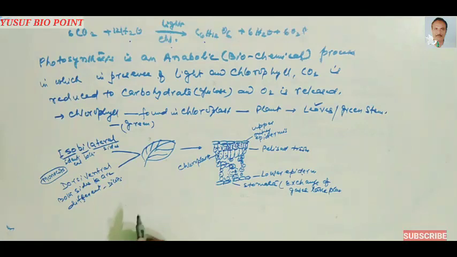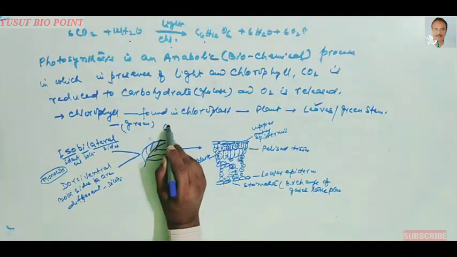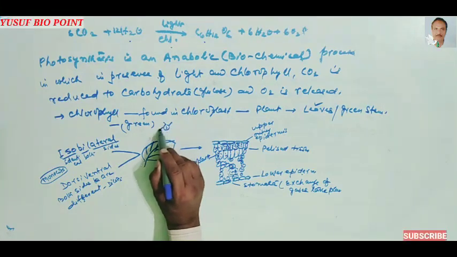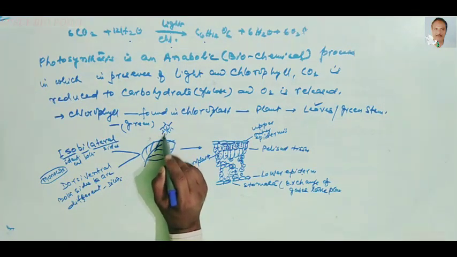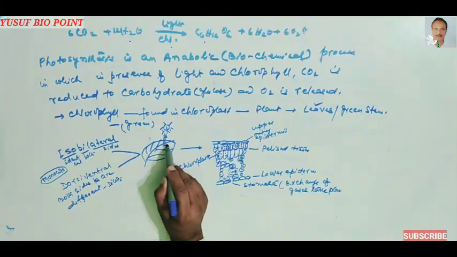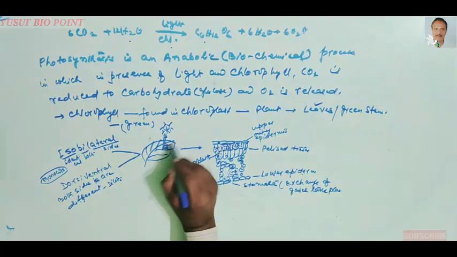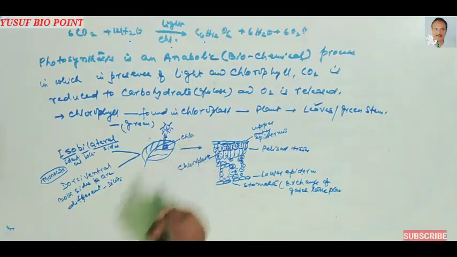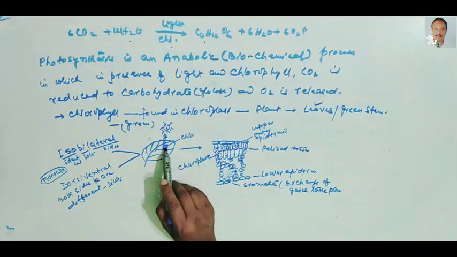Now come to this. This is the leaf on which the sun's light falls. Suppose here is a chloroplast. Light falls and it becomes excited.